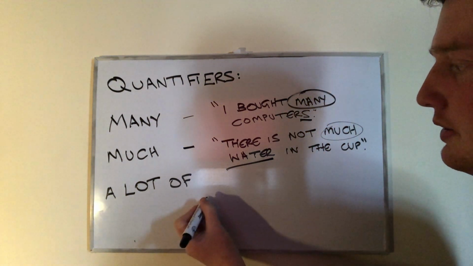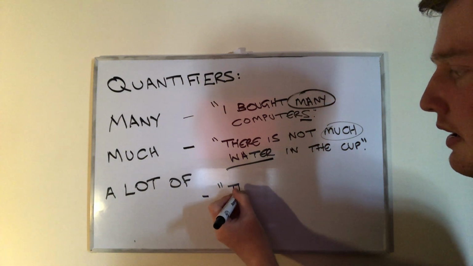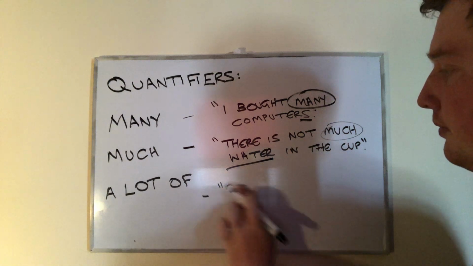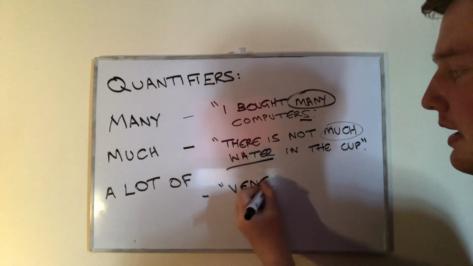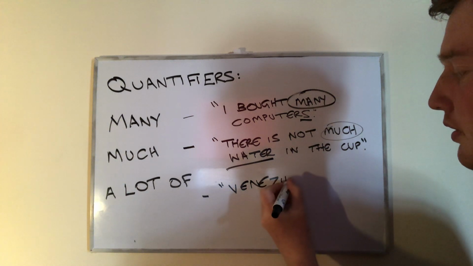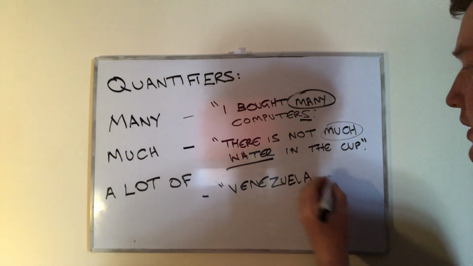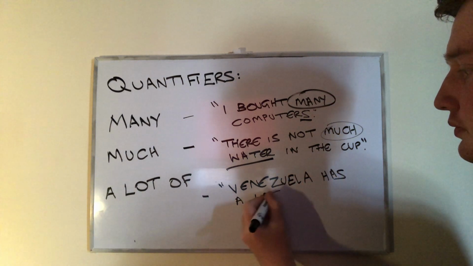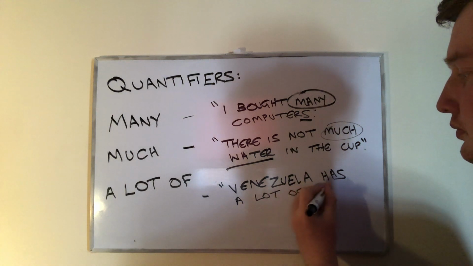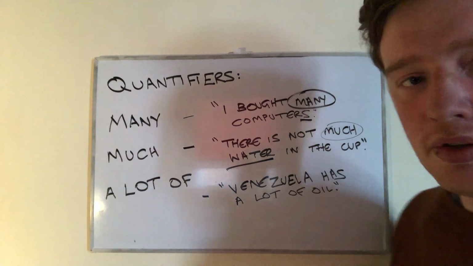For example, I could say, Venezuela has a lot of oil.